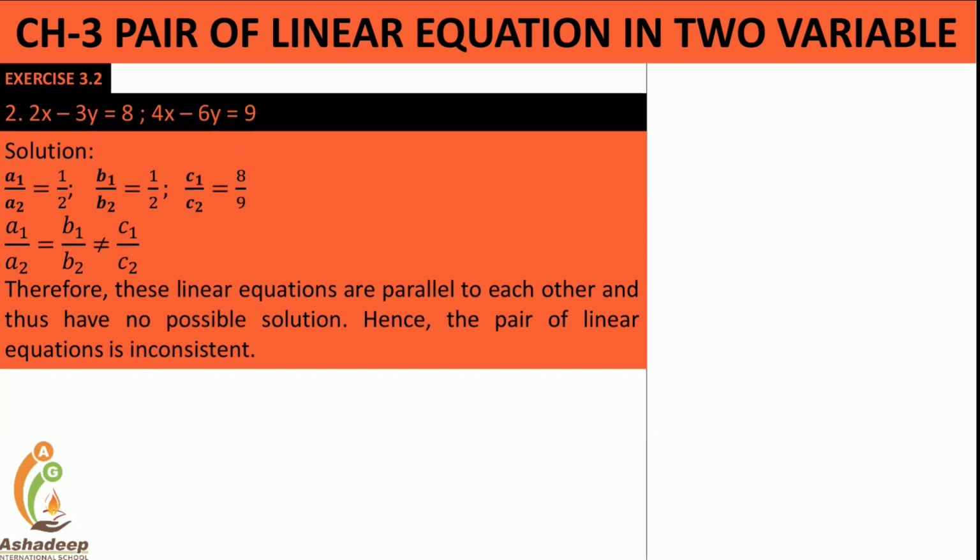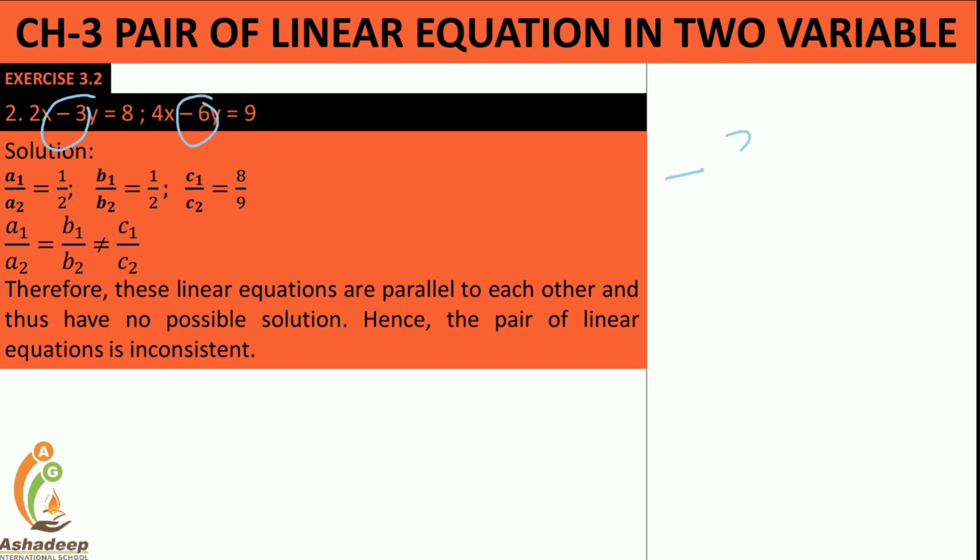Now let's move ahead with another sum. See, a1 is 2, a2 is 4. So a1 upon a2 is 2 by 4, which is 1 by 2. Now what is b1? b1 is minus 3. What is b2? Minus 6.